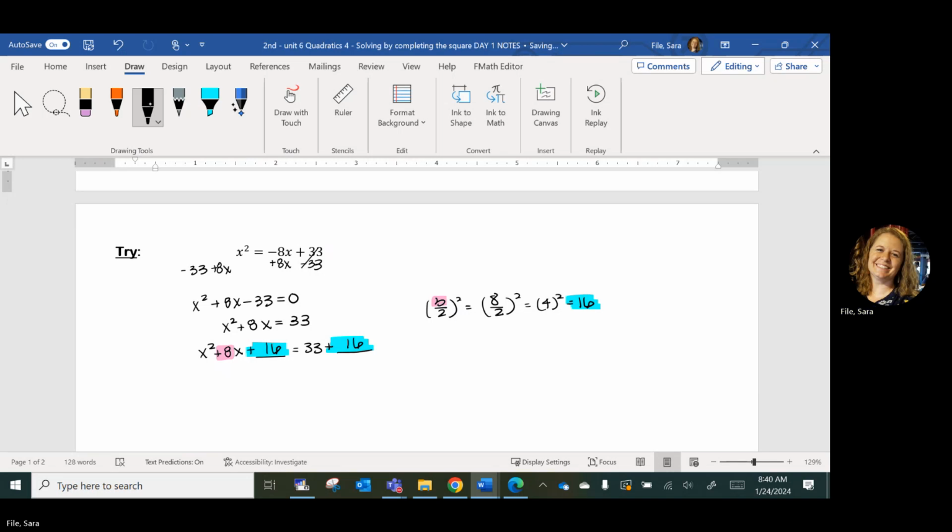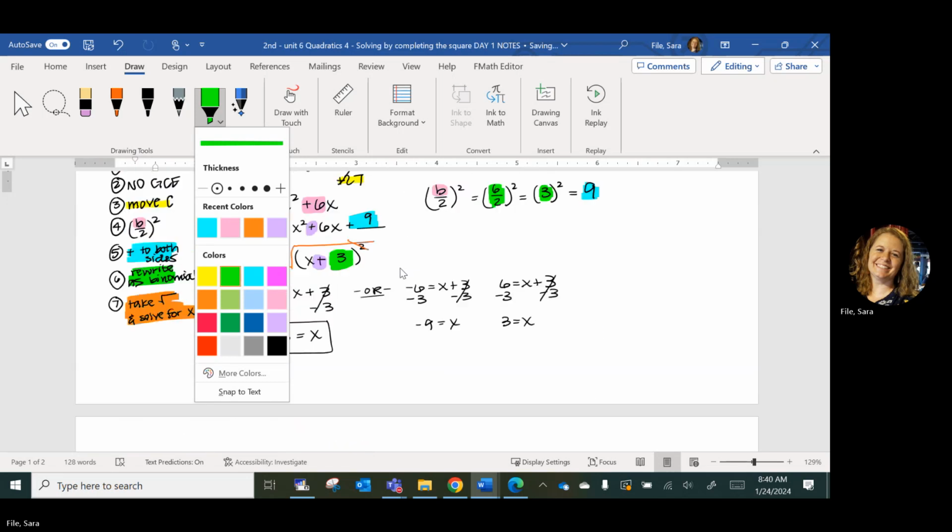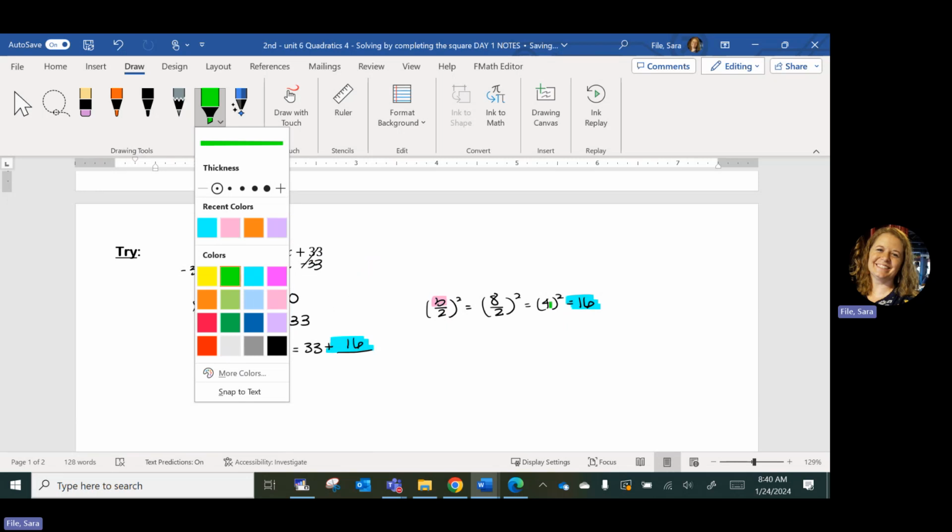All right, now I'm going to create a binomial squared from this perfect square trinomial. I'm going to keep the sign of b, which in this case is a plus. And what is the number that I'm going to add here? Yeah, it's the half of b that we did over here.